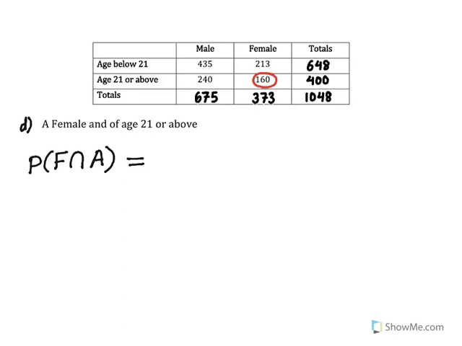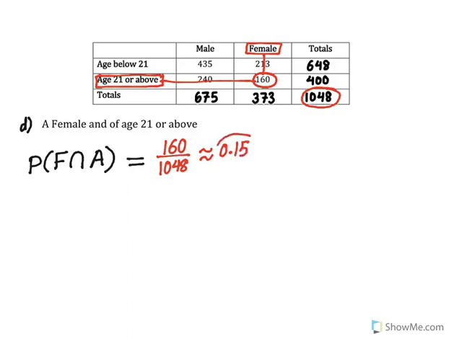There is no conditional probability here in this one, F and A, like this. So we have 160. This means it's a female and the age is above 21. Together will give you this number. Out of how many people do we have? We have 1,048 people. So you'd say this is 160 divided by 1,048. And this is approximately 0.15, which is 15%.